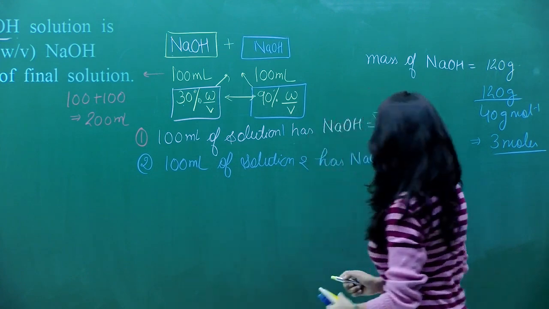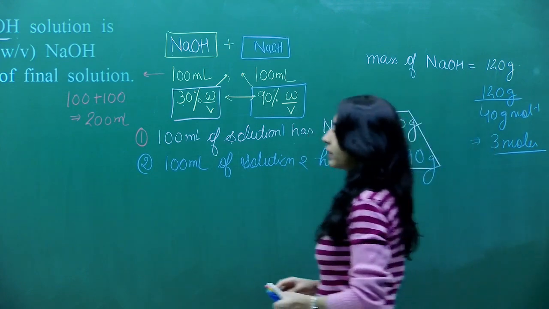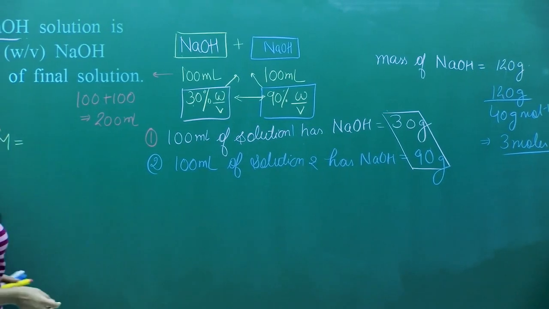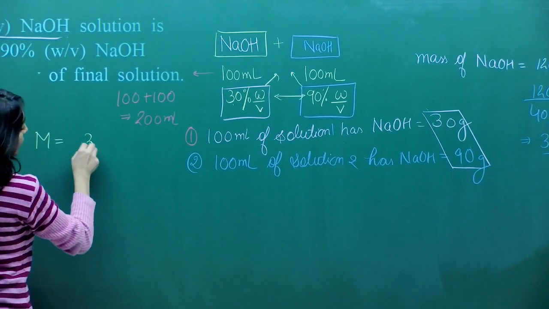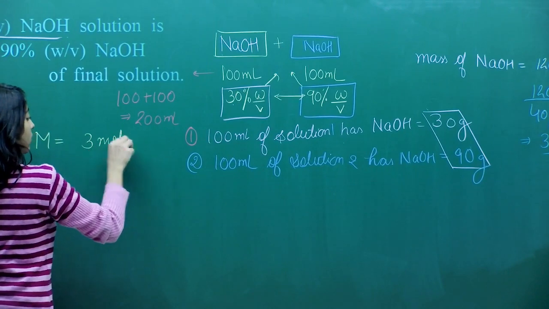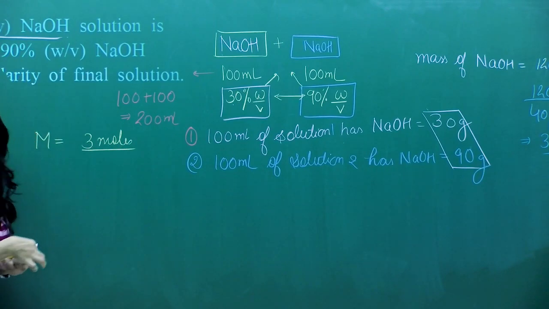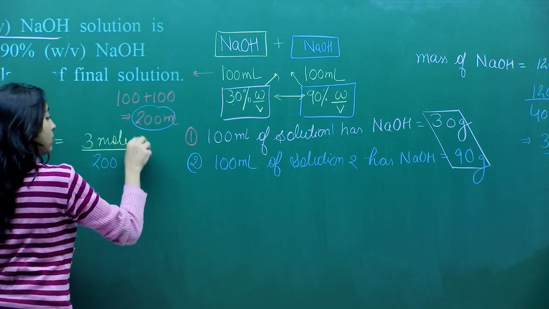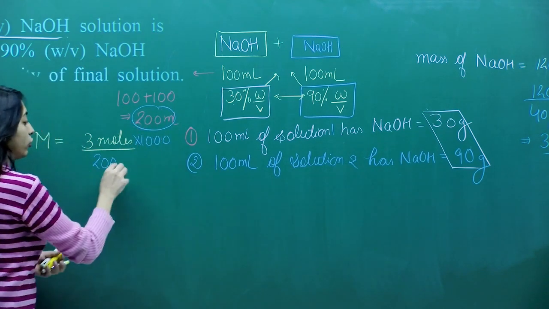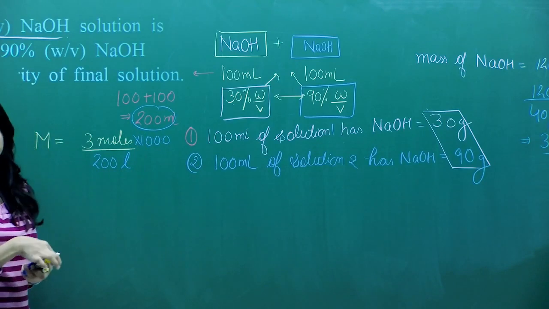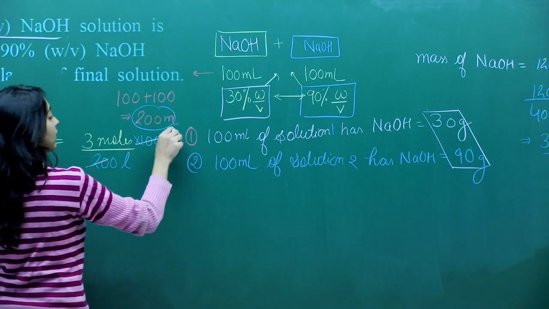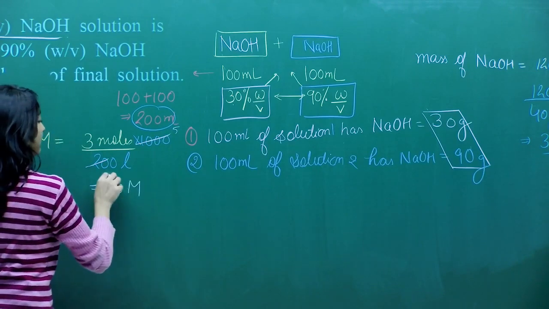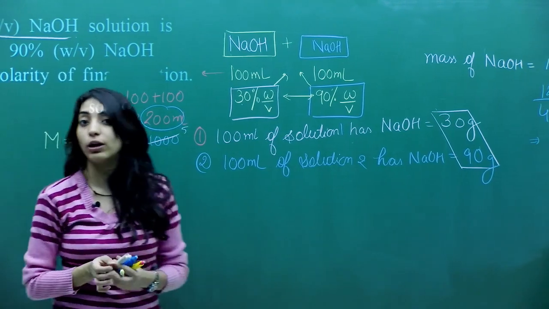Listen carefully, molarity will be total number of moles, which is 3, divided by volume of solution in liters, 200 by 1000 liters. So 5 threes are 15, capital M, which is 15 molar.